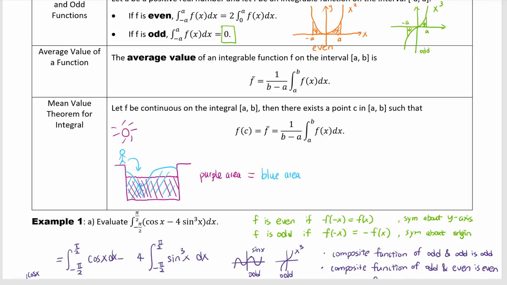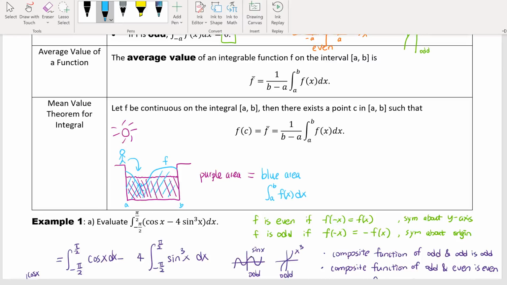Let's say the blue water level is the function f, and let's say this is A and this is B. Then the blue area is the integral from A to B of f of x dx. So that's the blue area. How about the purple area?